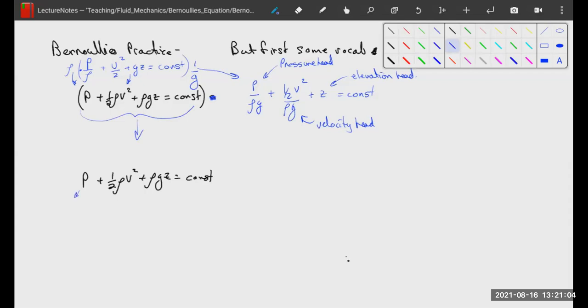This is called the static pressure. This is called the dynamic pressure. Combined, these are called the stagnation pressure. And all three terms together are called the total pressure.